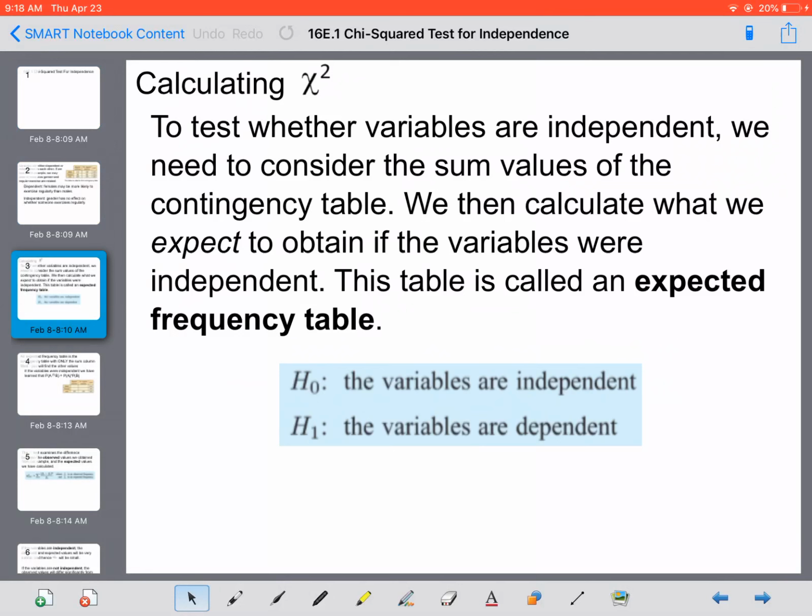When we're talking about identifying our H sub 0 and H sub 1, our null hypothesis is that they are always going to be independent. The alternate hypothesis would be the opposite of that, which means that they would be dependent. So whatever the variables are, your H sub 0 will always be that they are independent. Your H sub 1 will always be that those variables are dependent.